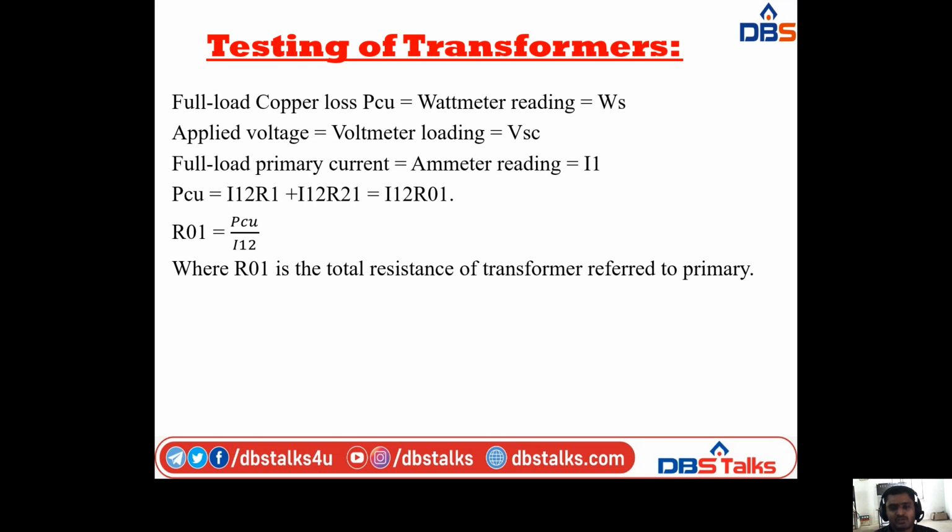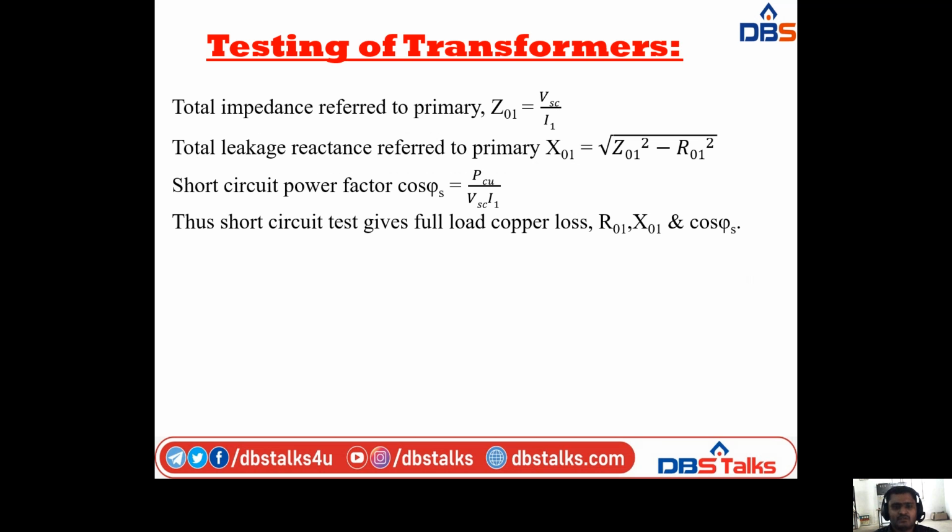The total impedance referred to primary is Z01, equal to V_SC by I1. The total leakage reactance referred to primary is X01, equal to the root of Z01 square minus R01 square.